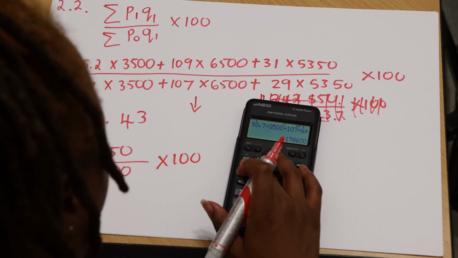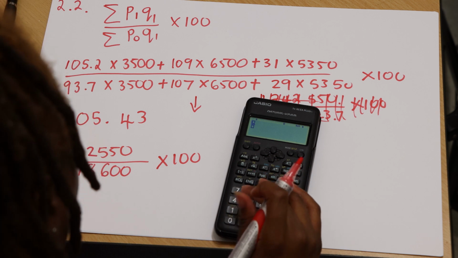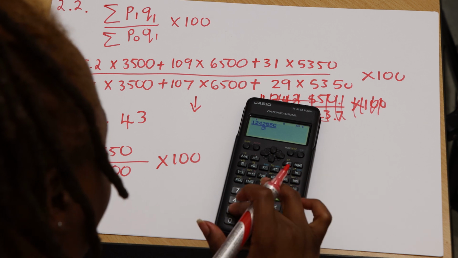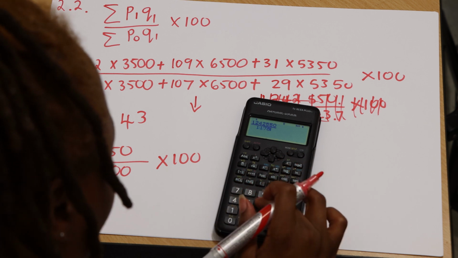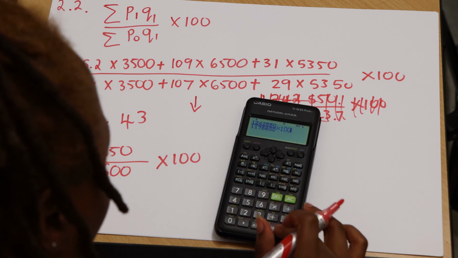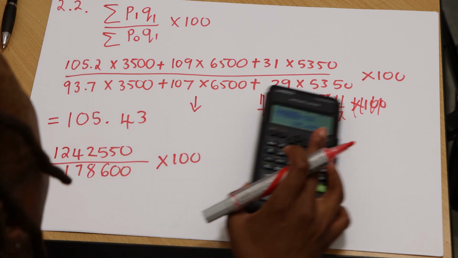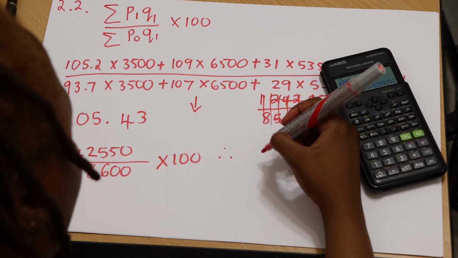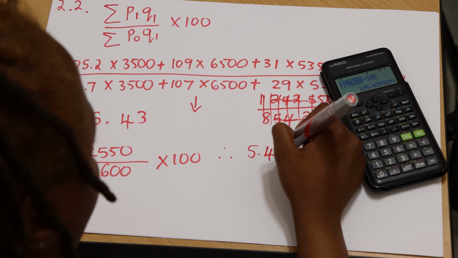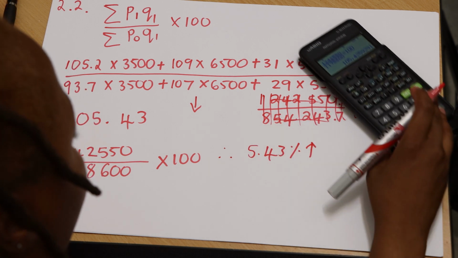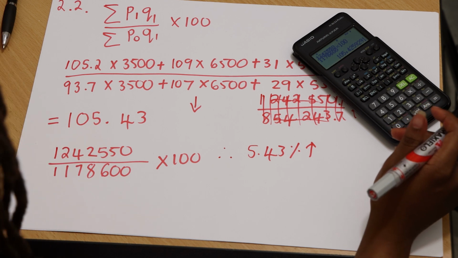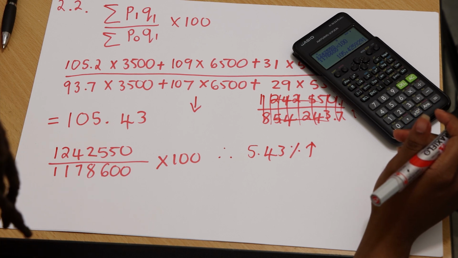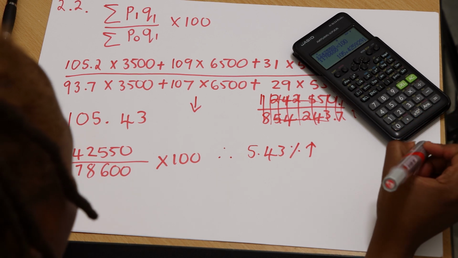So yeah, when you simplify this, it's supposed to give you 105.43. Yes, it's 105.43. So 105.43 is greater than 100. This means that there's a 5.43% increase in the price of the intermediate products when you hold the quantity constant by April 2023.